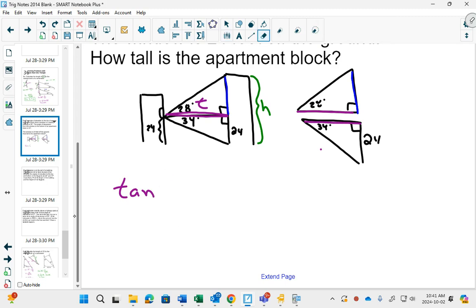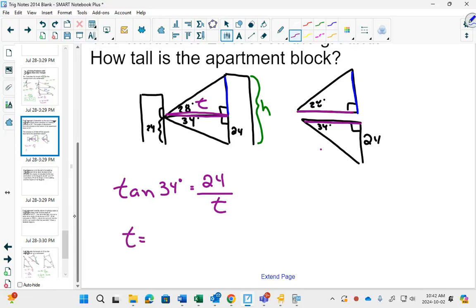So tan of 34 degrees, I'll write out my definition, is going to be opposite side, which is 24, over the adjacent side, which is T. T is in your denominator, so we have to multiply both sides by T and then divide by tan of 34 to get T by itself.